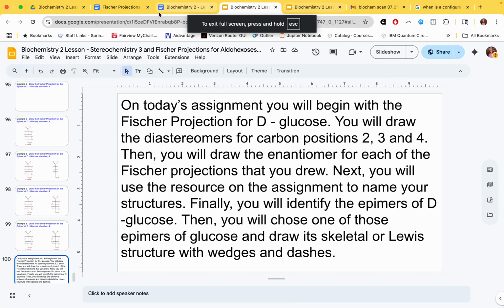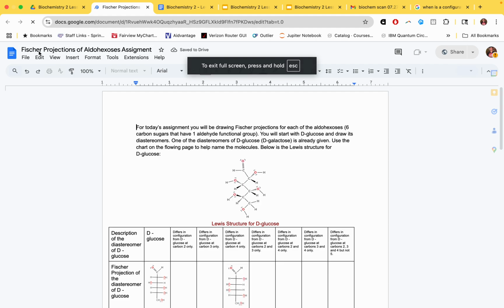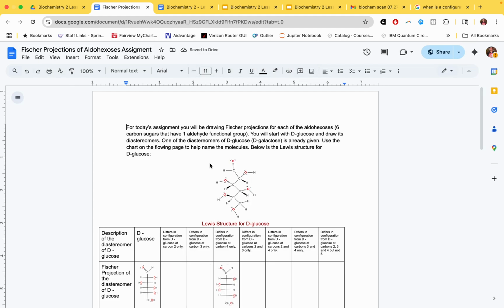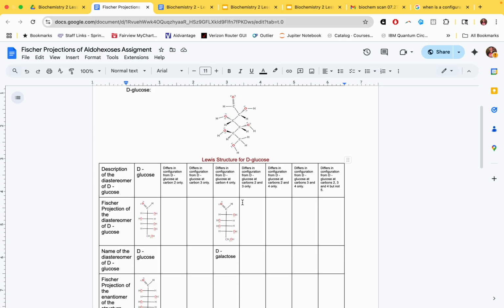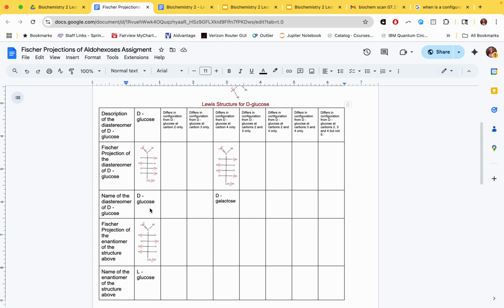Okay, so let's just take a look at the assignment real quick here, and then I'll let you get started on that. So again, here's the Lewis structure for D-glucose, and here's the Fischer projection that goes with it. And then I also gave you the Fischer projection for its enantiomer, L-glucose. And remember, every one of those is just going in the opposite direction.